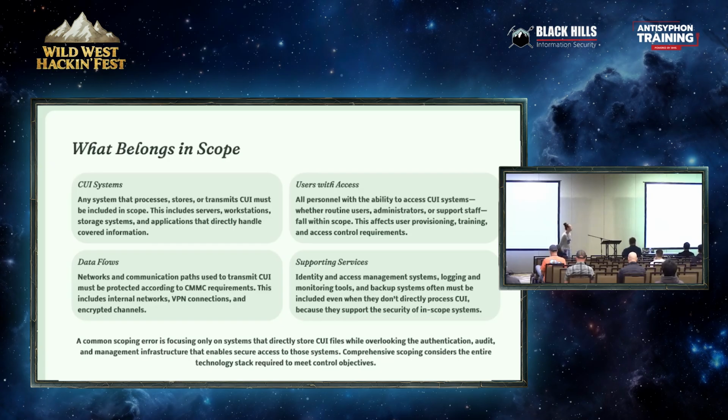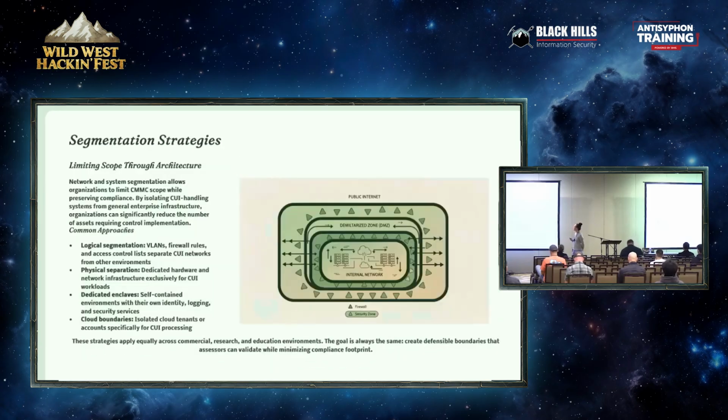Backup systems, making sure your backups are in scope. If they are backing up that information, they are in scope. We often see people under scope by focusing only on the systems themselves that are processing or performing the research, and forgetting the infrastructure that enables access to those systems. So, truly critical. Segmentation.